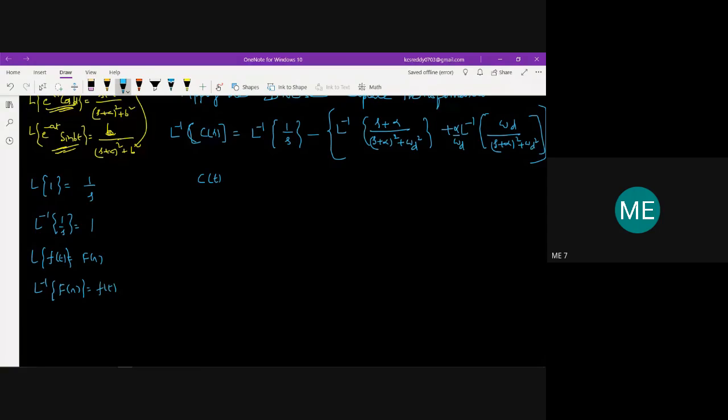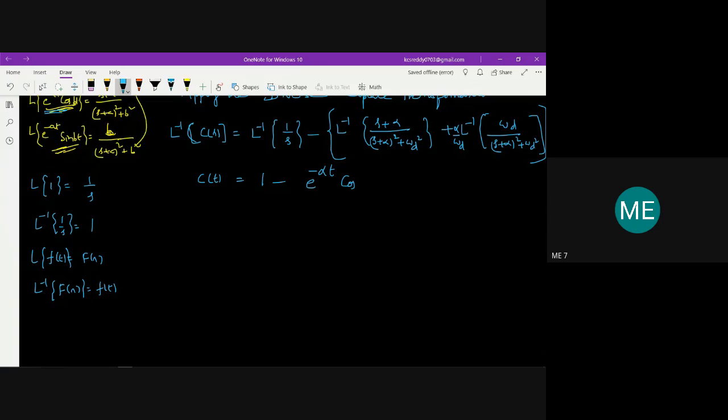L inverse of 1 by s is 1 minus, and this is in the form of (s plus a) by ((s plus a) whole square plus omega square). This is the property of the exponential multiplied term, so I can write e power minus alpha t, then cos omega d t.